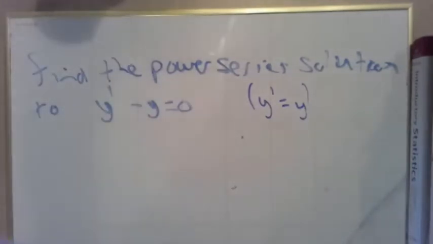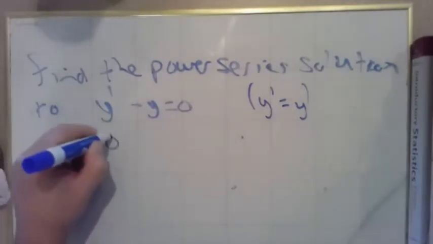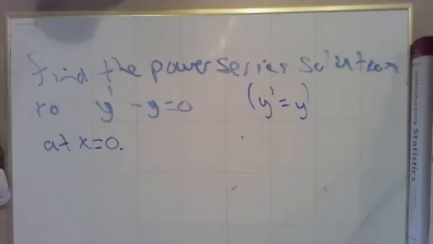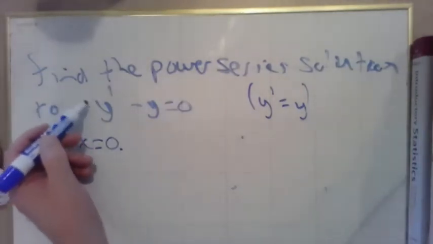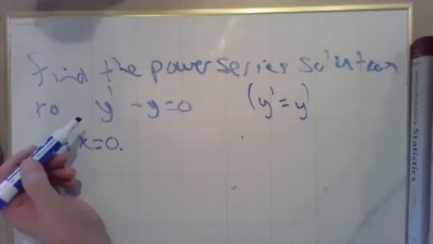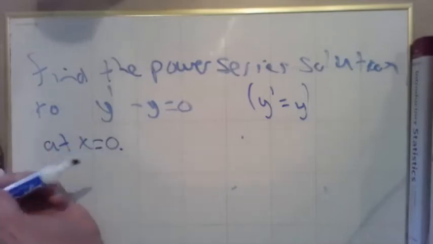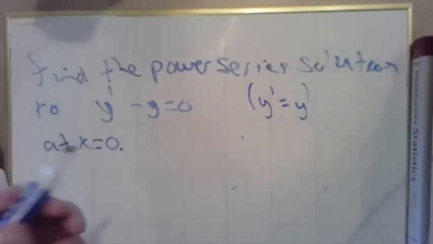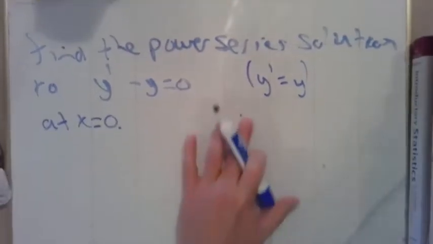We're going to find this power series at x equals 0. That's an ordinary point here. My guy in front is a 1. That's defined everywhere. There's no place where that equals 0, it's just 1. So I can find the power series anywhere. For simplicity, I'm going to do it at 0.